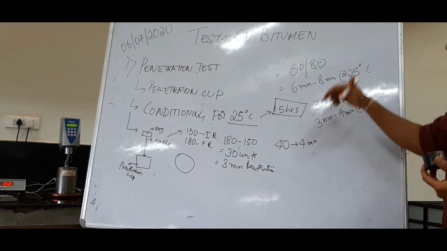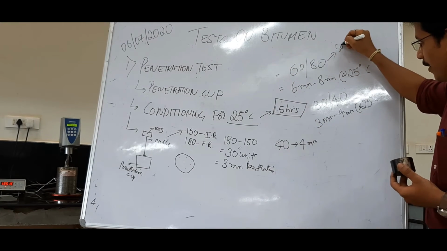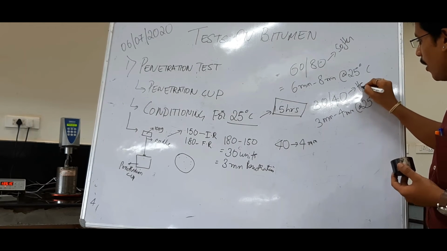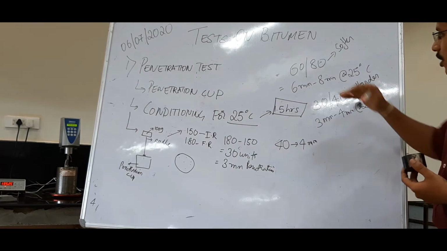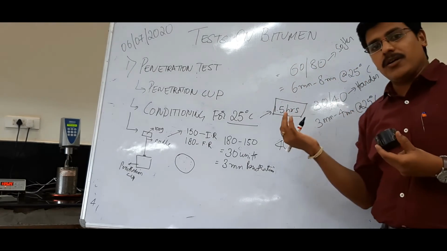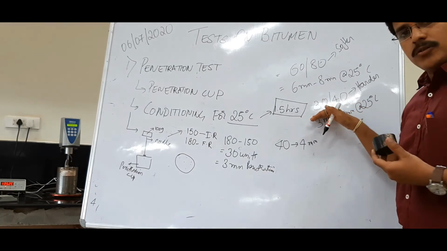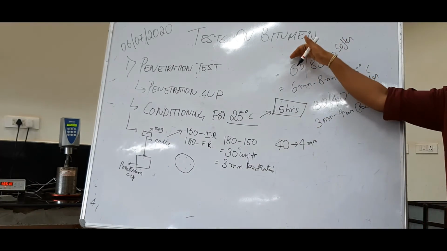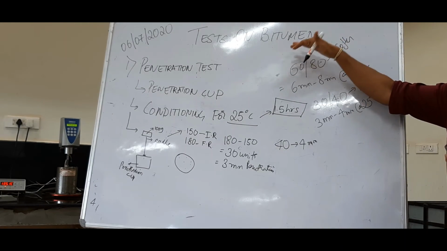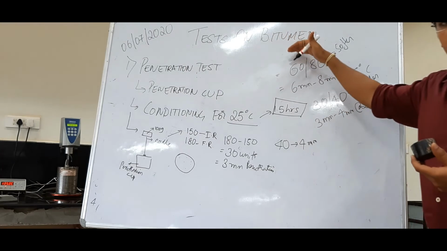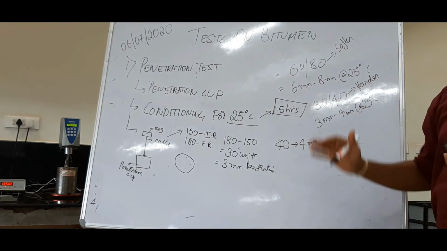That means this is the softer binder, softer in relation to this binder which is quite harder. Depending on this, we select the bitumen. For very high temperatures or very heavy traffic roads, we go for a harder binder. Similarly, in a cold temperature, we go for a softer binder. On this basis, we use this test to grade the bitumen and select the particular bitumen.